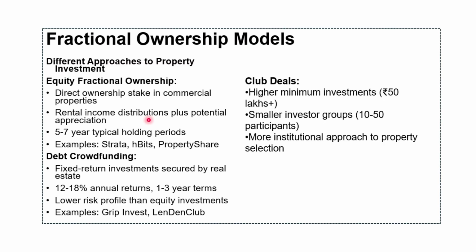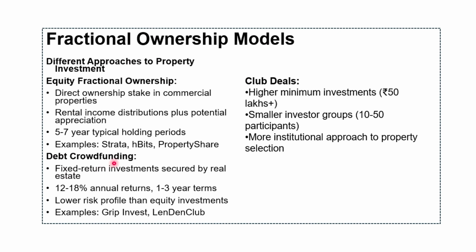We have a typical holding period of 5 to 7 years, similar to traditional real estate cycles, and examples include Strata, Edge Bids, Property Share, platforms that have gained significant traction in the Indian market.